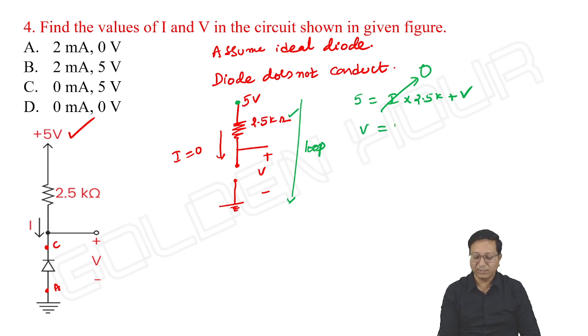Means what is V? It is 5 volts. Cathode to anode, it looks like positive voltage. The reality is it is the voltage from cathode to anode of the diode. That's it. So what might be the answer? Current is 0, V is 5 volts. Option C is correct. That's it. Next.